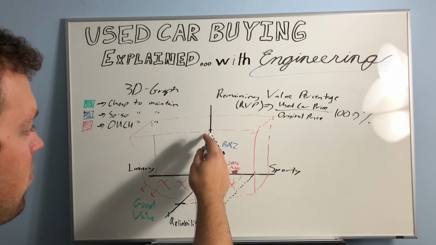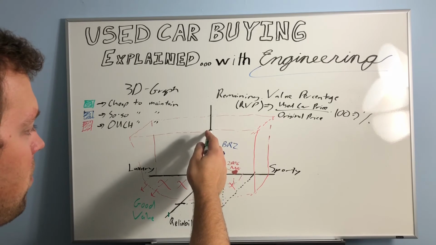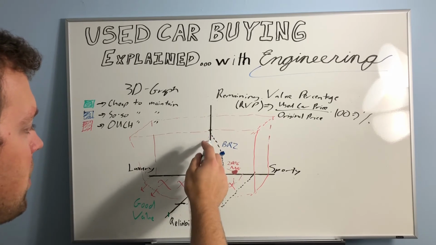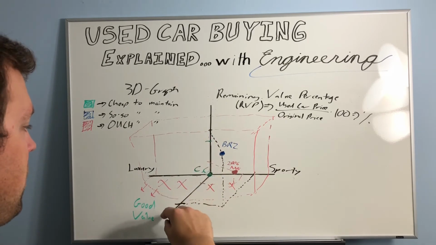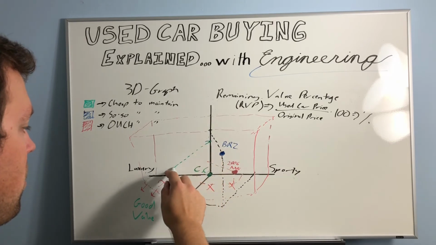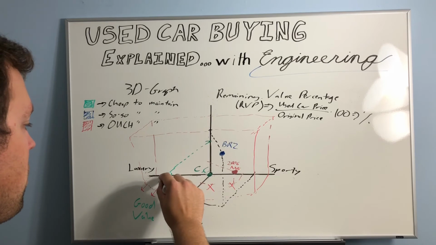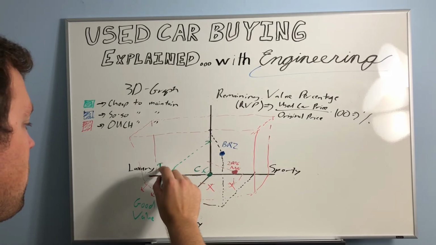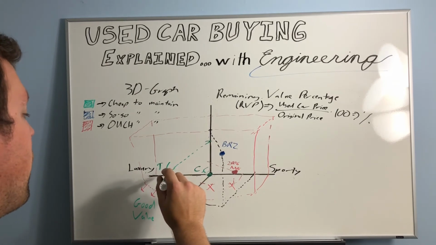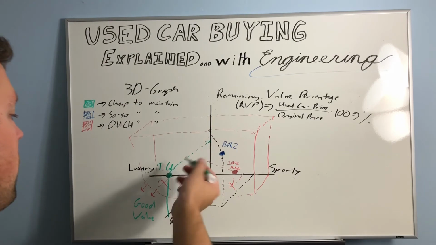RVP is maybe, I'd say 50%. So we're here. This is your Toyota Corolla.